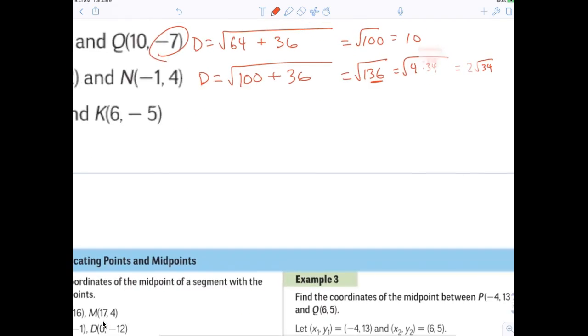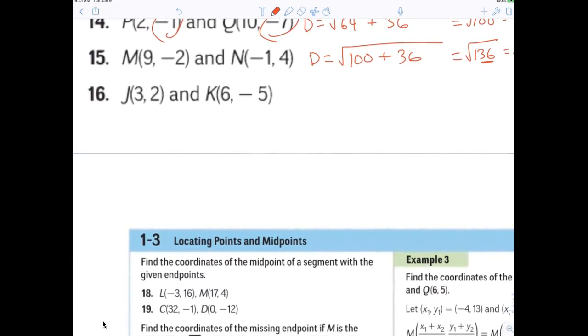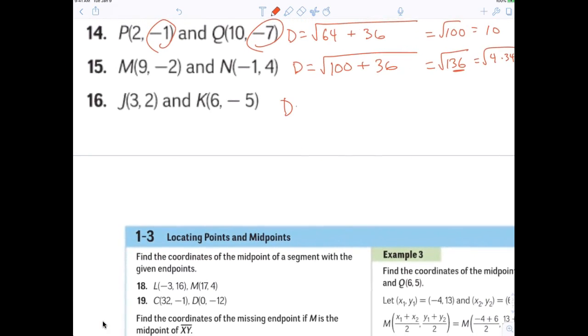Okay. Here we go. Last chance. Distance is equal to the square root. What would that be? Subtracting the x's. 3. And then 3 squared is what? 9. All right.